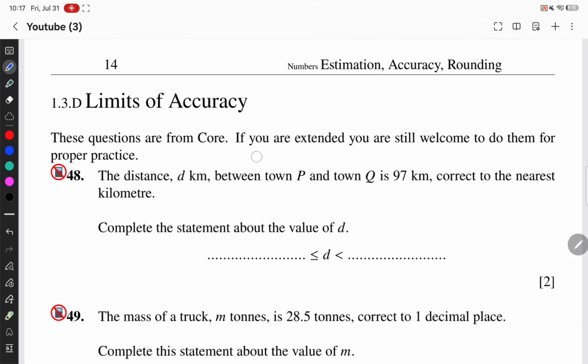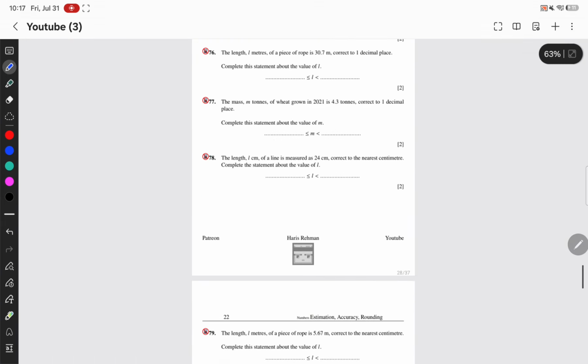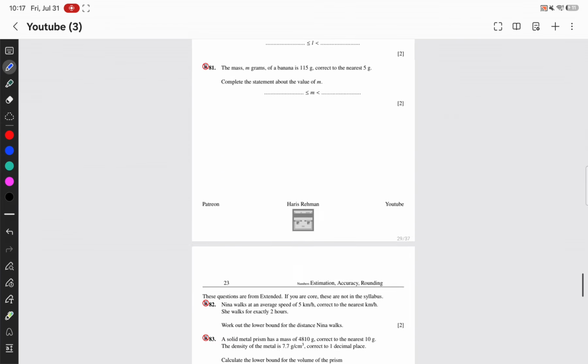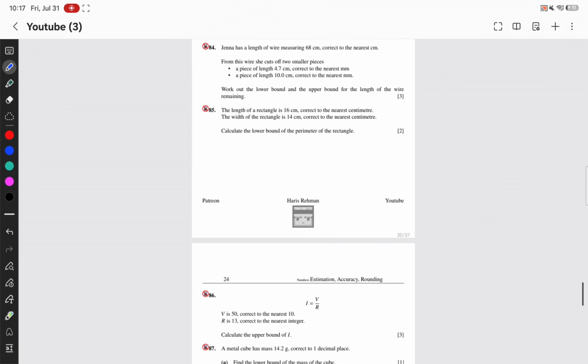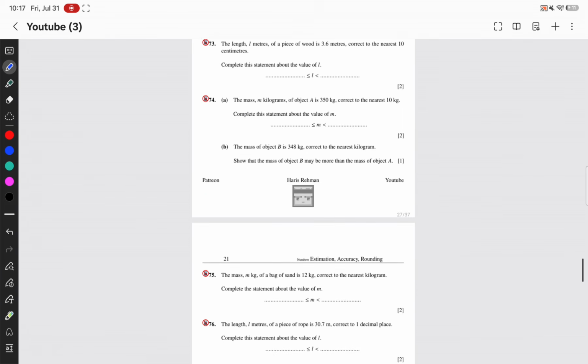If you're doing core, then these questions are most expected. If you're doing extended, both questions are expected.